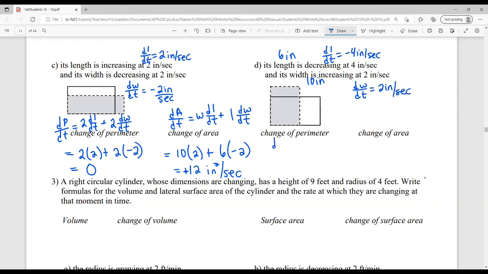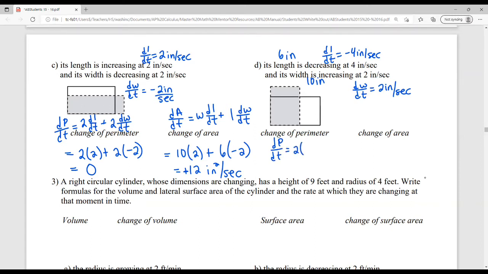So dP/dt, using the same formula we used before, is going to be equal to 2 times how the length is changing, which is negative 4 inches per second, plus 2 times dW/dt, which is increasing at 2 inches per second.